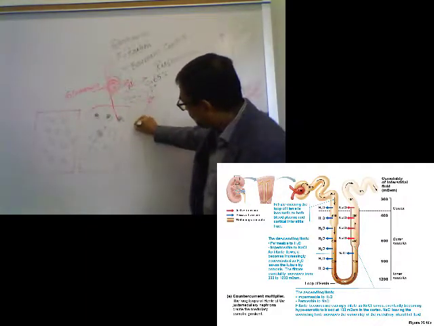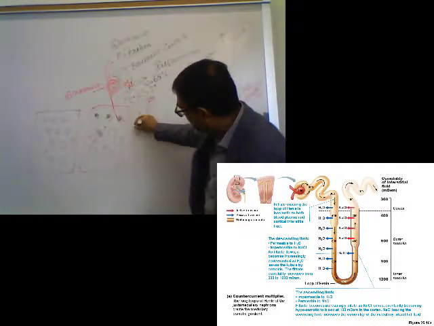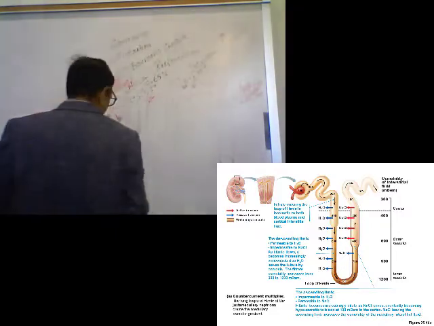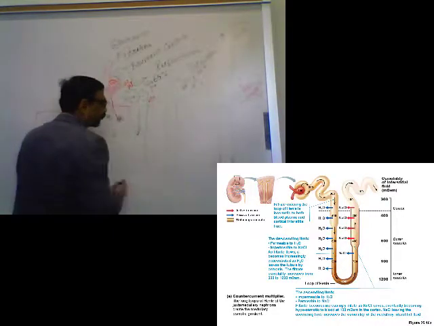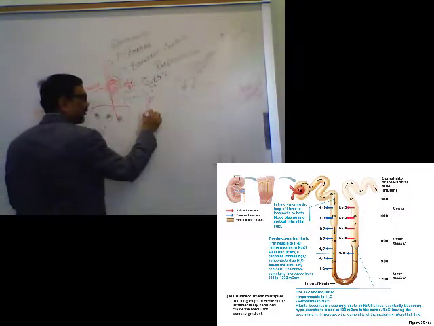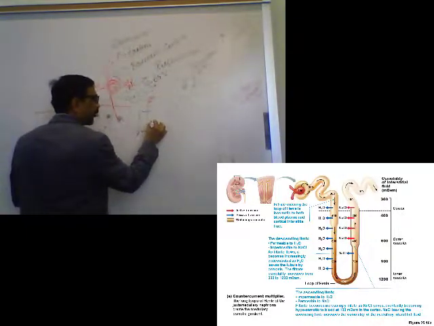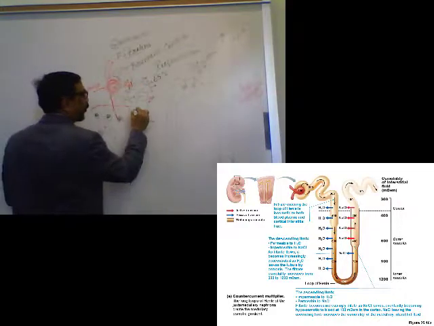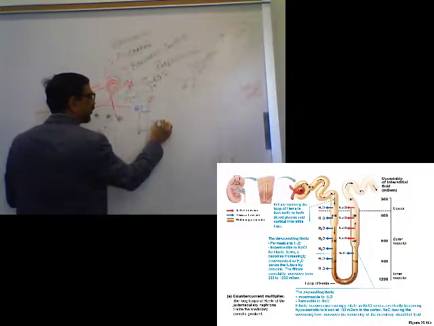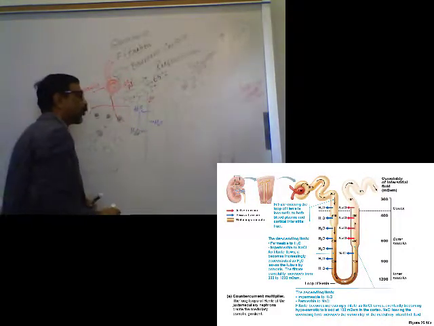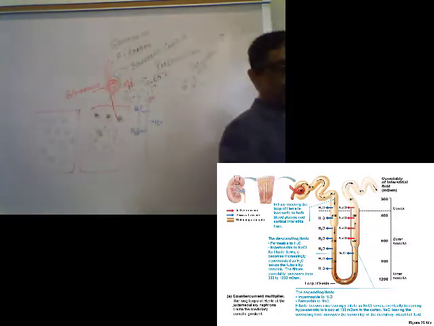So when the fluid passes through the descending limb of the loop of Henle, see what happens here. Only water will get out, reabsorbed. So reabsorption of only water will occur here.